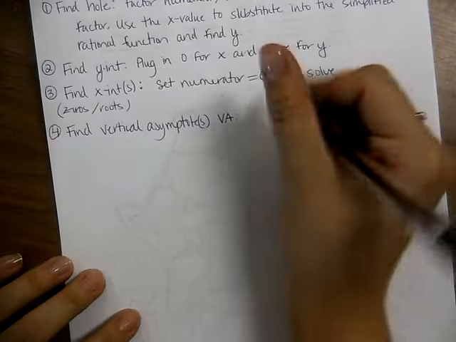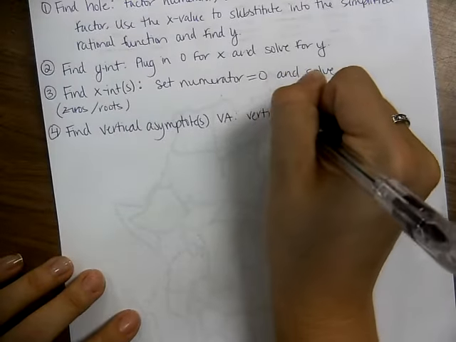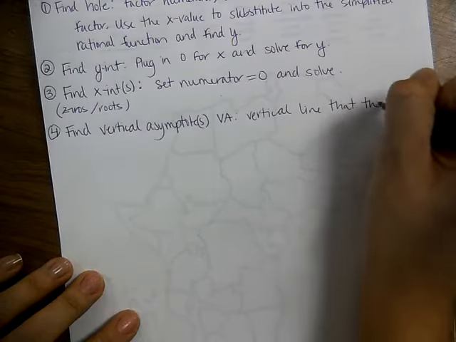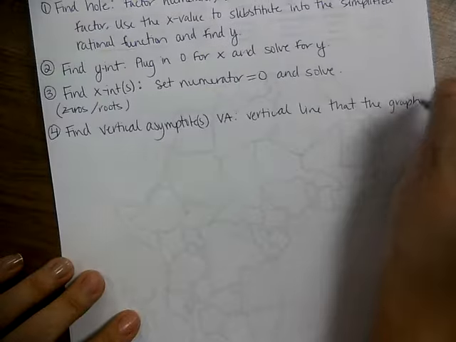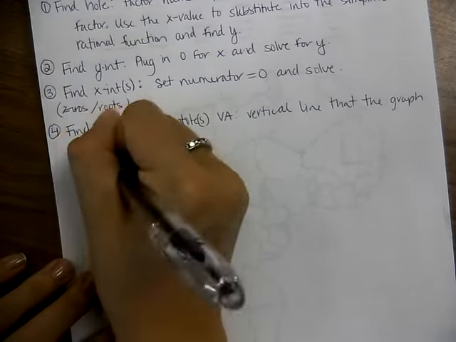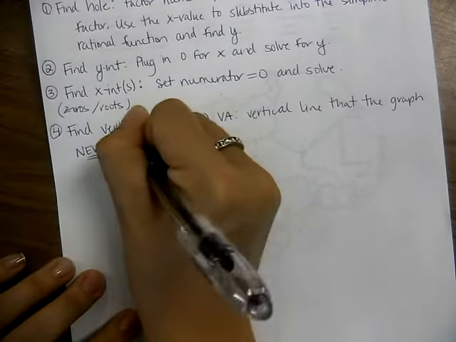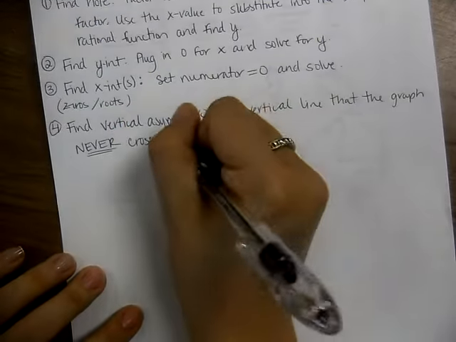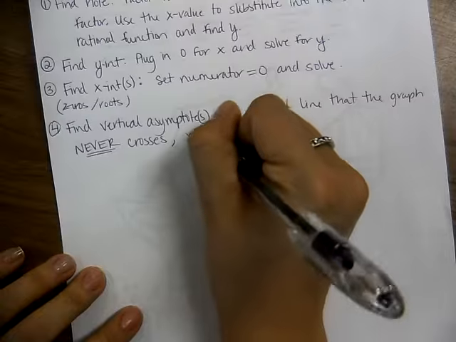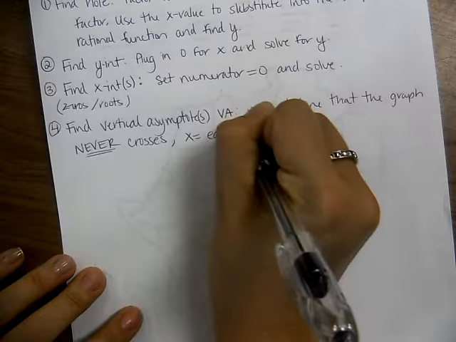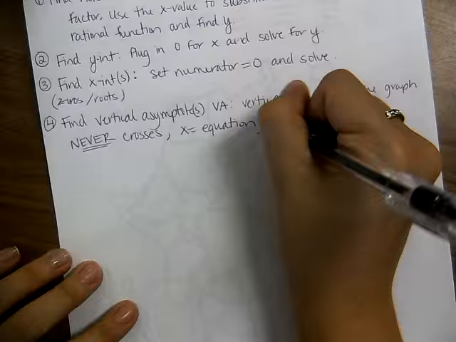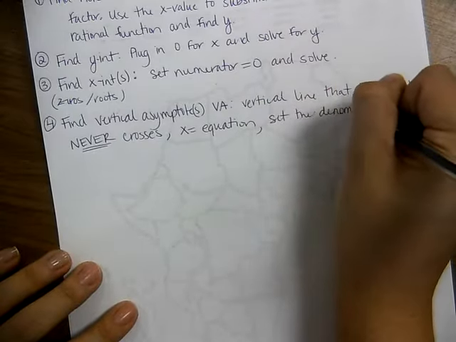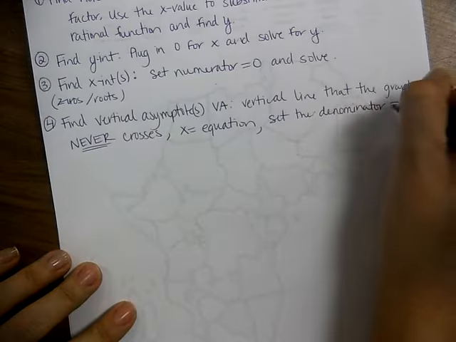So a vertical asymptote is a vertical line that the graph never crosses. It's an x equals equation. And to find it, you set the denominator equal to 0.